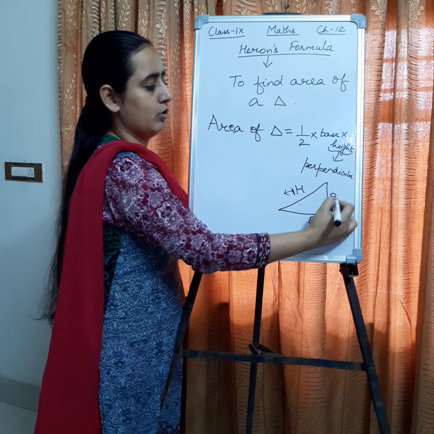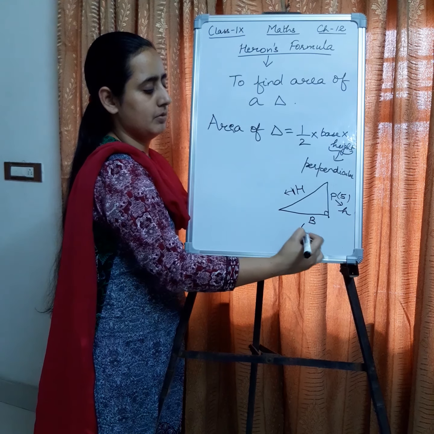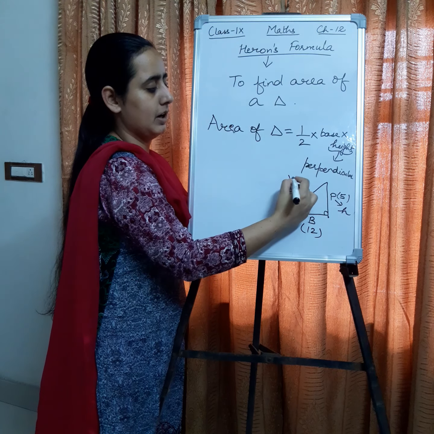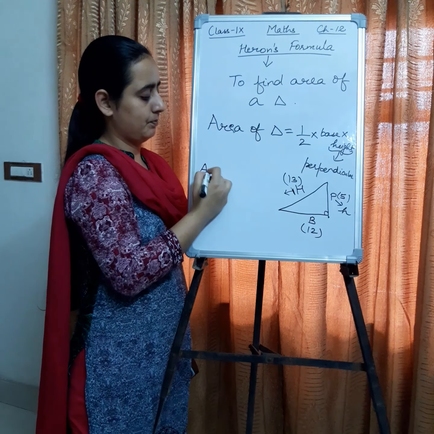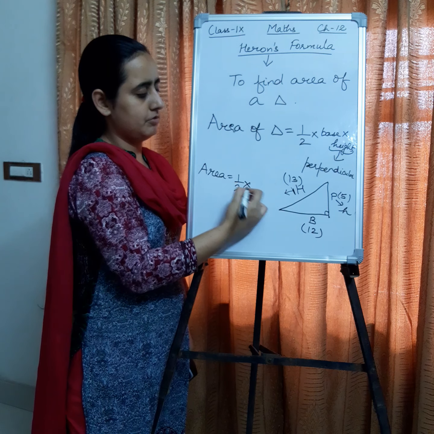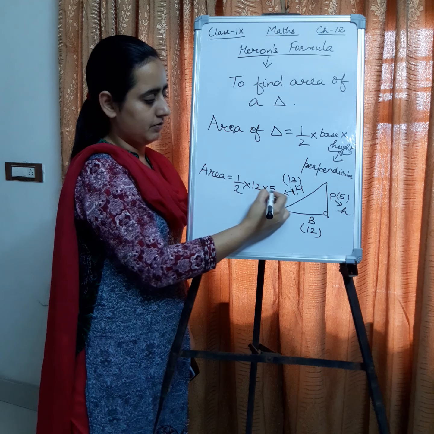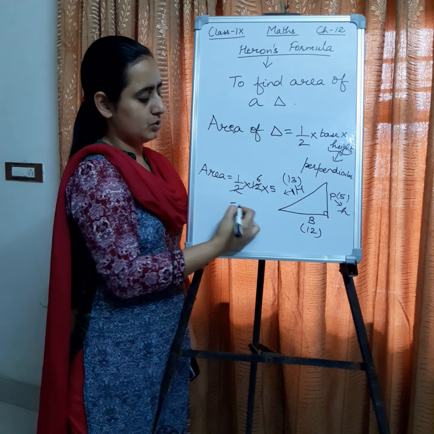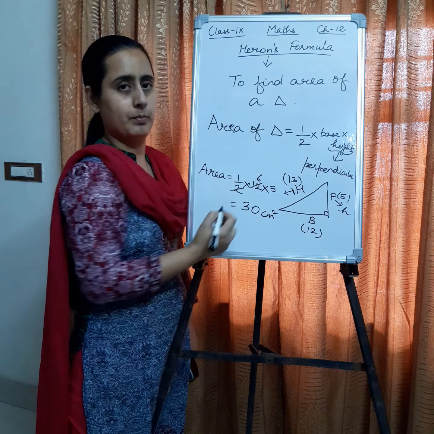Suppose the perpendicular is 5 centimeter, base is 12 centimeter and hypotenuse is 13 centimeter. Then what will be the area? Using this formula it will be half into base 12 into height 5, so it will be equal to 30 centimeter square.